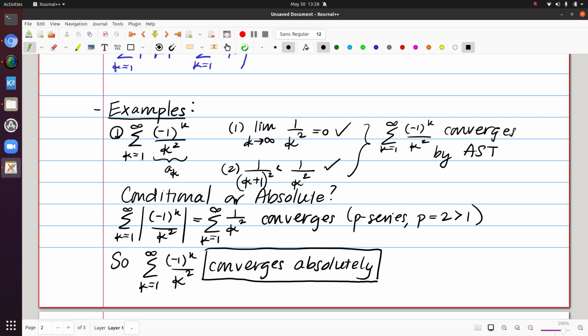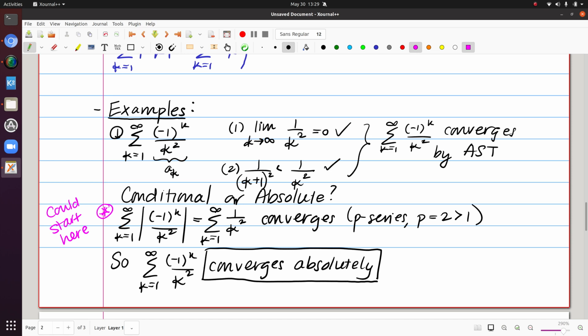So looking at this example, I just want to pause and say that an alternative way to answer this question is to start here. So what I mean by that is, suppose I didn't apply the alternating series test. I just jumped right into this step of looking at whether or not the sum of the absolute value converges.